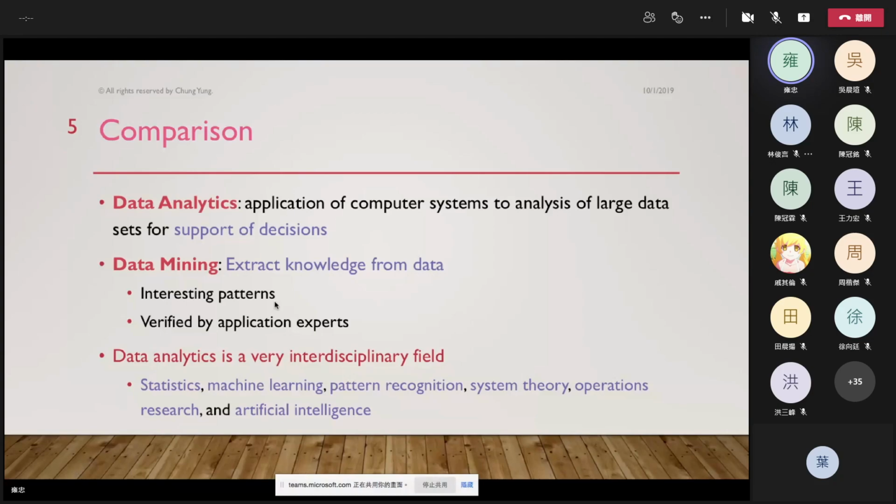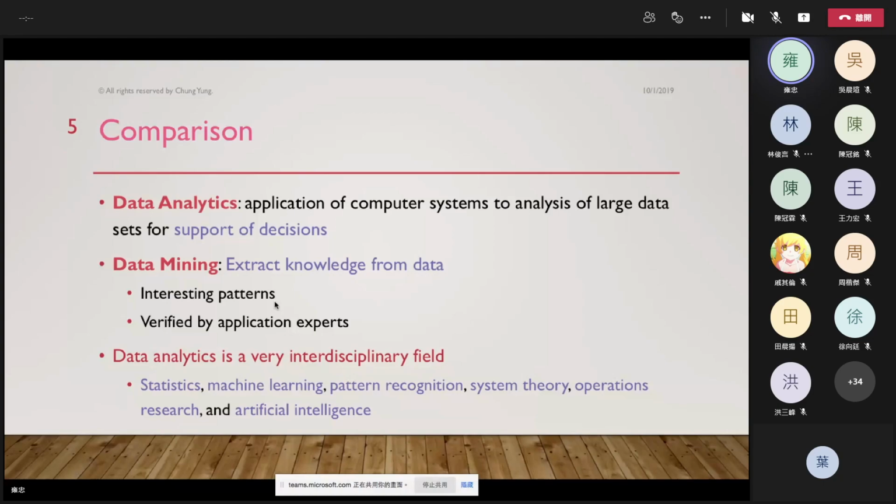First one is statistics. So you will see a lot of scholars from statistics departments in colleges go to the same international conferences as me. There are a lot of statistics people working on data analytics.